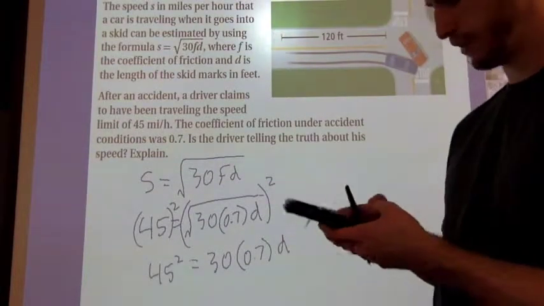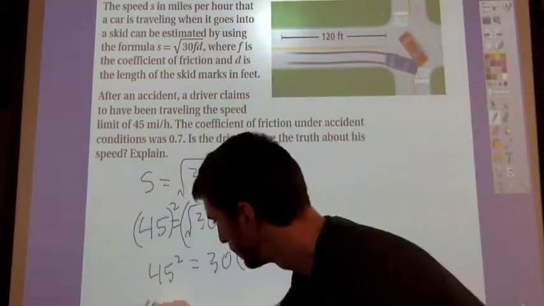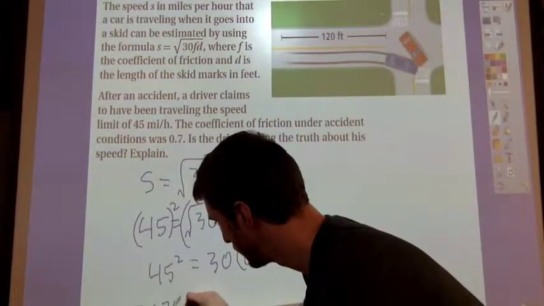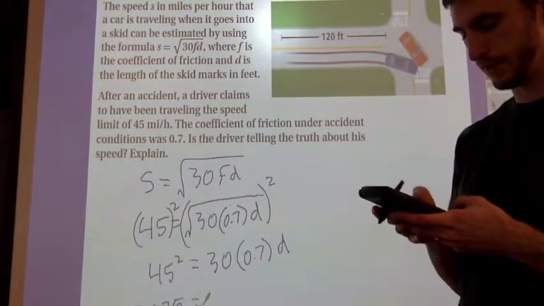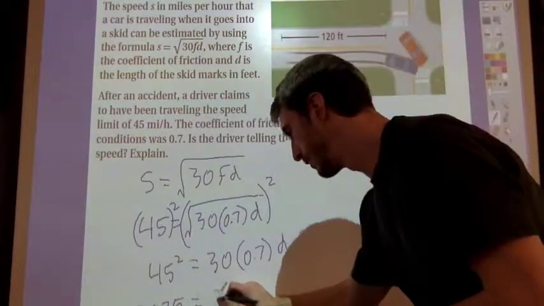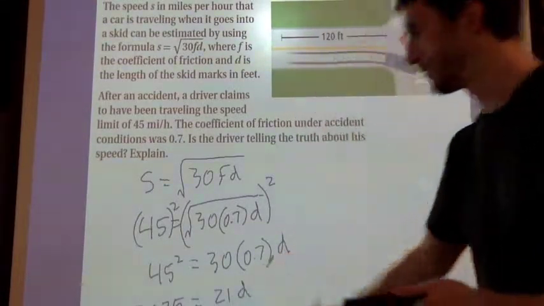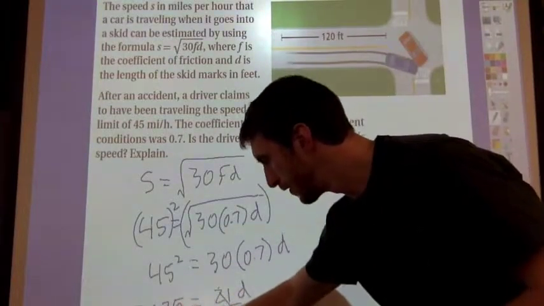So we've got 45 squared, which is 2,025. And we've got 30 times 0.7. 30 times 0.7 is 21 times D. If we're solving for D, we're going to divide both sides by 21.